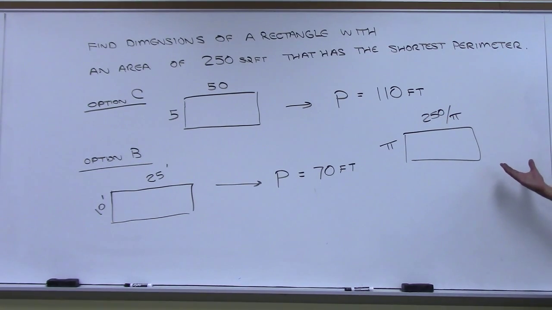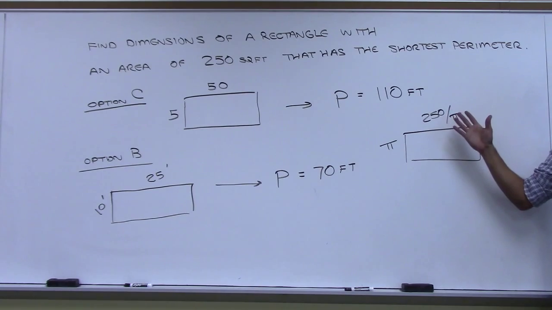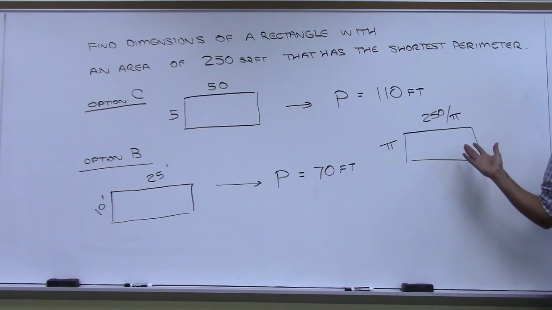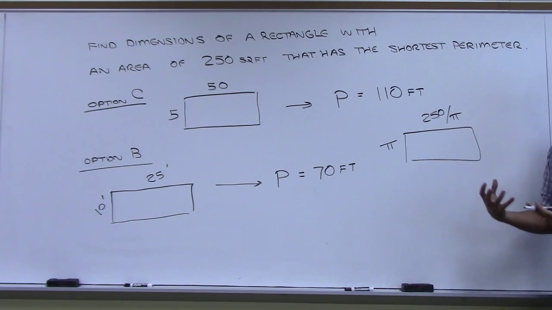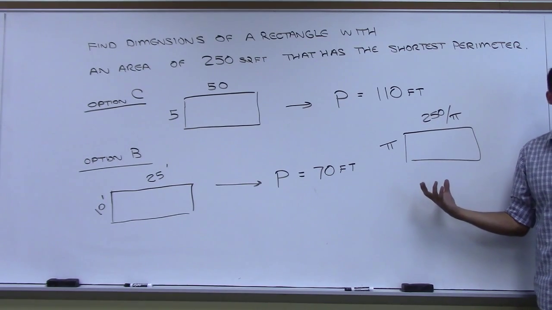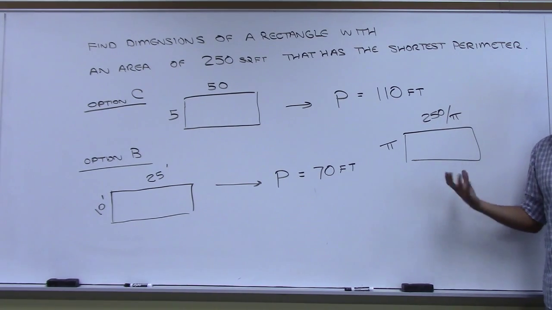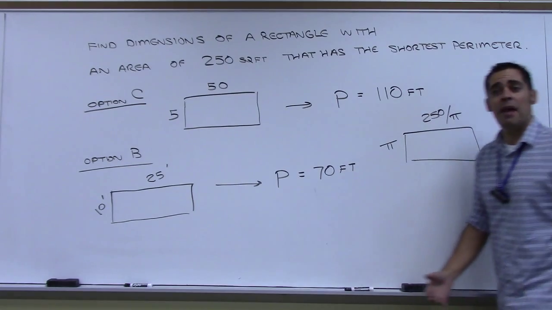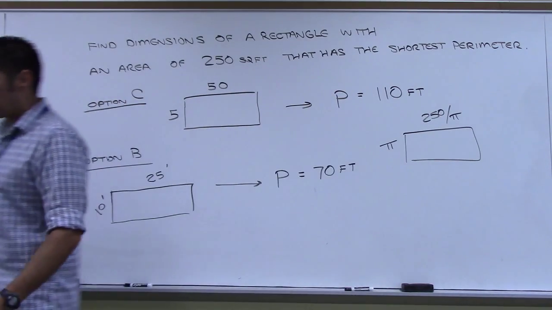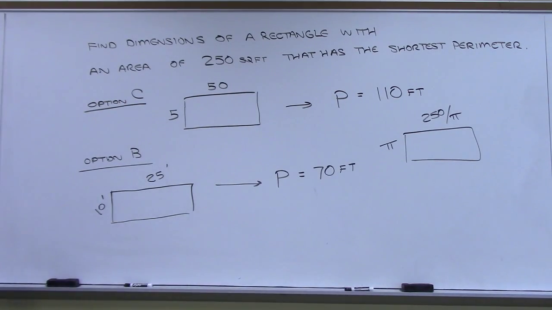Does that have an area of 250? Sure. Perimeter? I don't know, whatever that is. But there is no restriction as to how I could make it. And it's impossible to check every option. So we need a better method, don't we? And that's where we're going to tie it all into the graph and maximums and minimums and all that. Make sure everyone understands the problem. Yes?